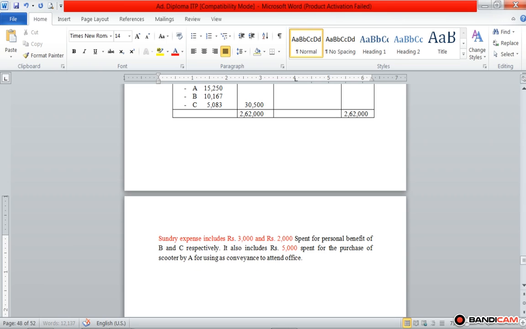So to prepare the solution: computation of book profit and total income of the firm. Here the name of the firm is not given.